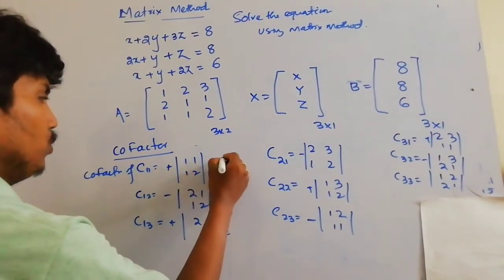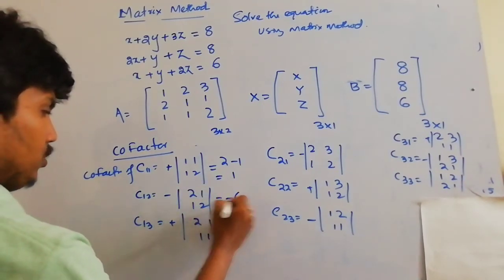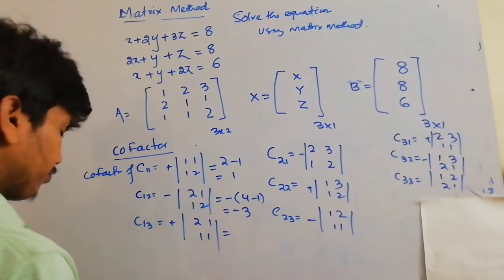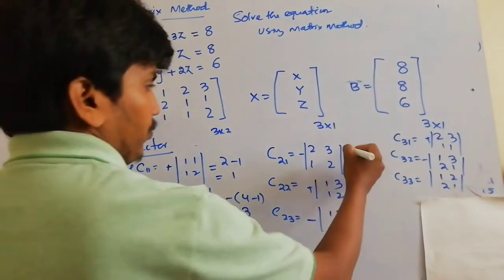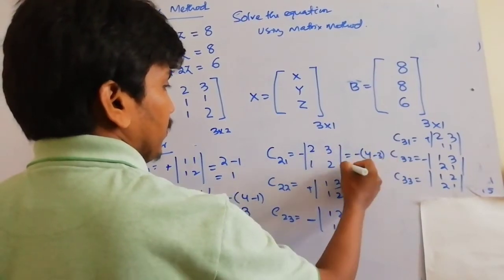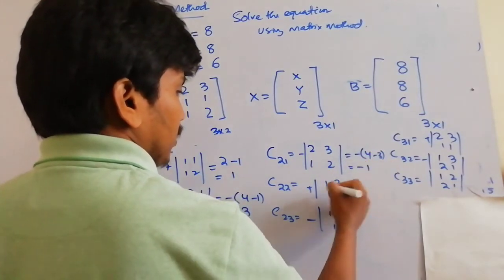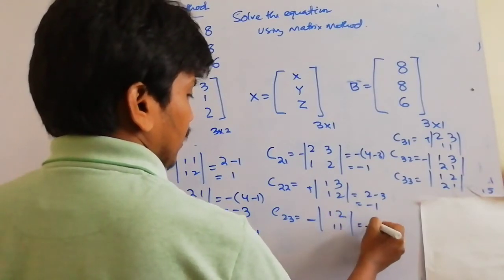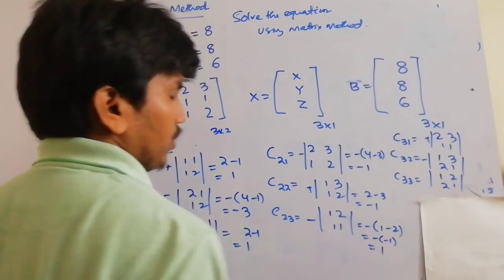That means 2 minus 1, that is 1, minus 2 2s are 4, minus 1 minus 3, then 2 minus 1 is 1, minus 4 minus 3, that is 2 2s are 4, minus 3 minus 1, that is 1 minus 2, that is minus of minus 1, is plus 1.